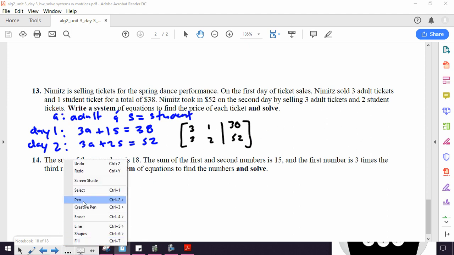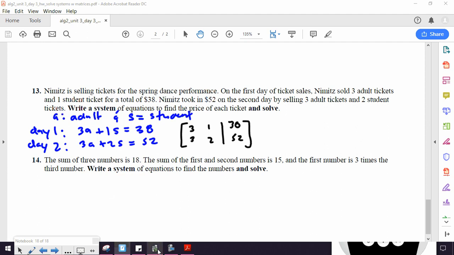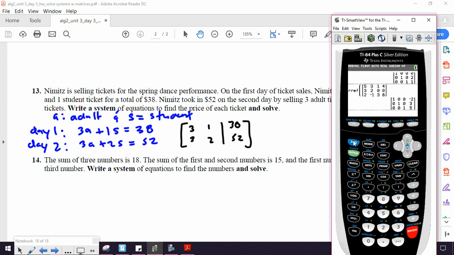Now we grab our calculator. We need to hit second matrix, math, alpha, apps, alpha zoom. Oops. We have 2 rows. We have 3 columns.